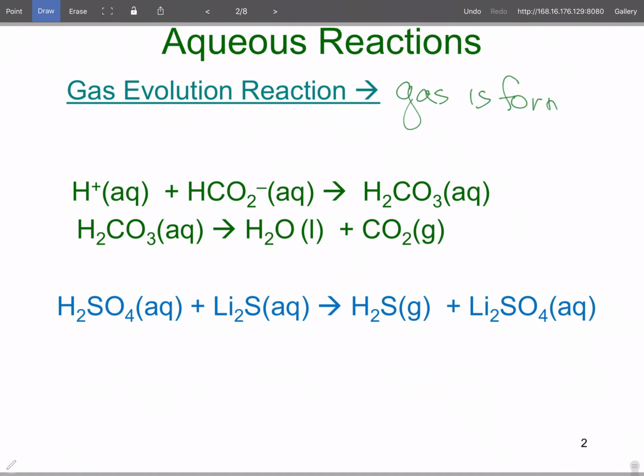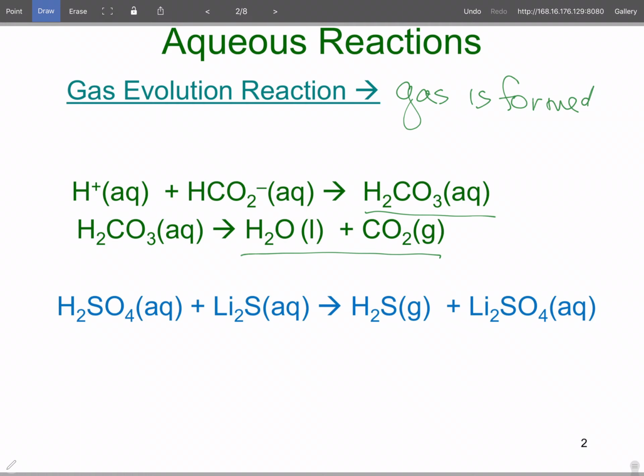And what you'll see is this one actually is a two-step. This is the reaction of an acid with sodium bicarbonate, so baking soda and vinegar. You generate carbonic acid, which then immediately decomposes into water and CO2 gas.